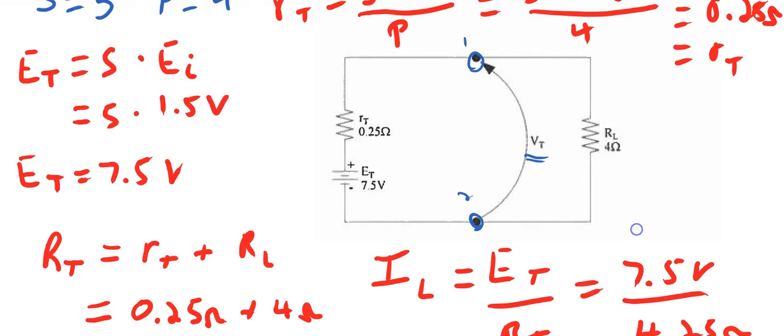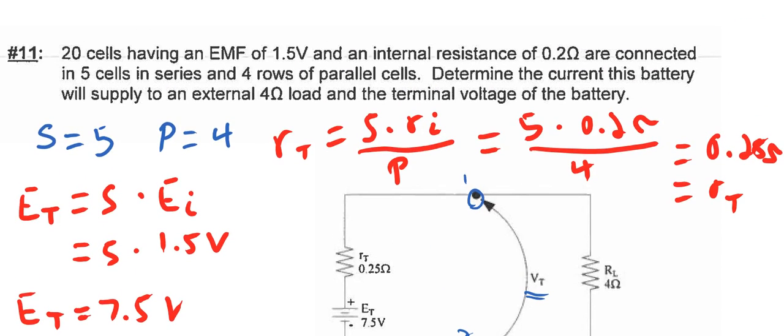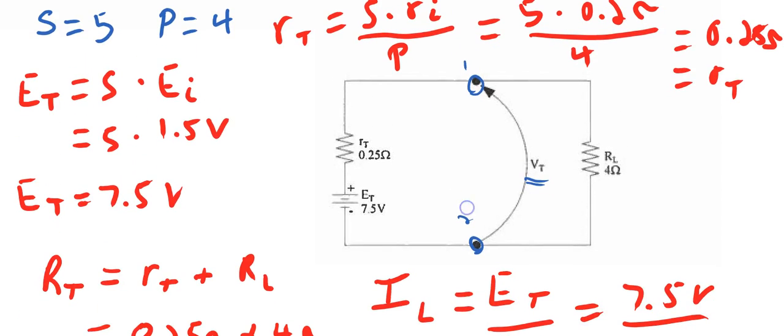Next, we are asked to calculate the terminal voltage of the battery, which, as we've said, is equal to the voltage drop across the load, which we can call VL.